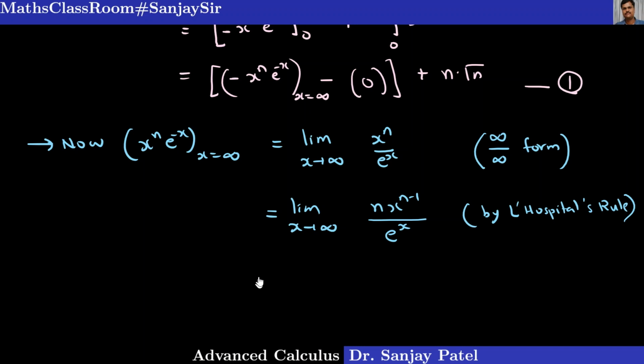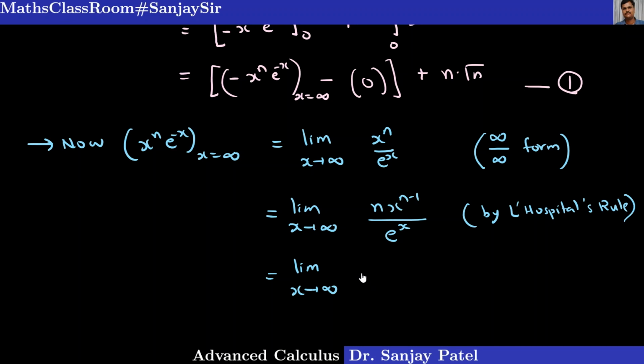Okay. Again, it is still infinity upon infinity form if n is greater than 1. So I can further apply L'Hospital's rule for this second indeterminate form, and it is indeterminate if n is strictly greater than 1.